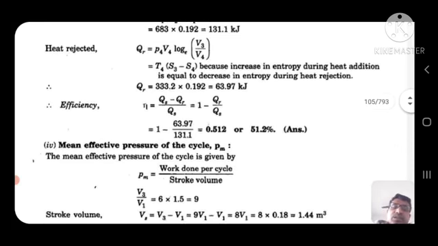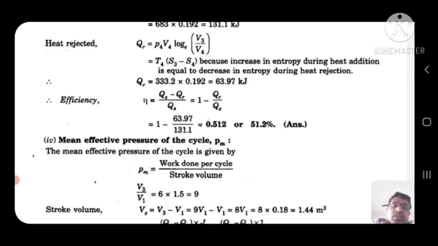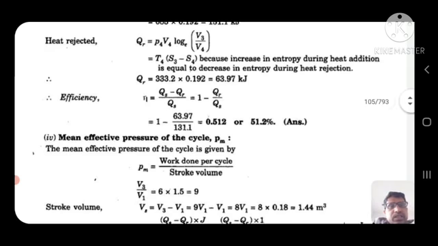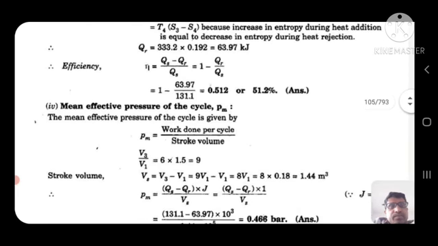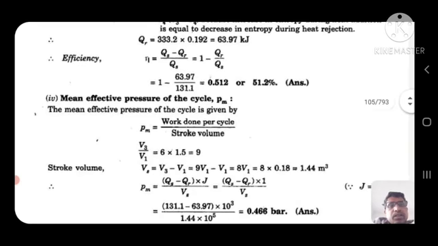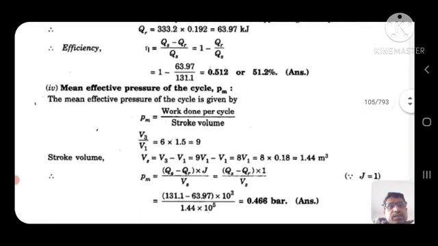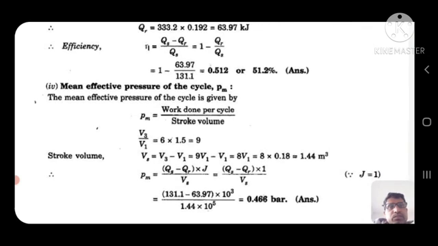Heat rejected QR is equal to P4 V4 log e V3 by V4, that is T4 into S3 minus S4. Because the increase in entropy during heat addition is equal to the decrease in entropy during heat rejection, QR is equal to 333.2 into 0.192, 63.97 kilojoule.